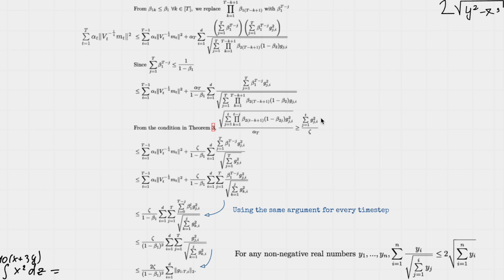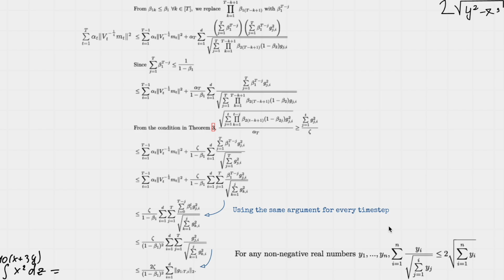let us replace the denominator with the summation of the gradient square divided by a constant zeta, which is replacing this whole thing with this one, and taking the summation away from the fraction since the denominator is invariant to t, summing through all those time steps, and replacing the geometric coefficient beta 1 to the power of l with the infinite sum.